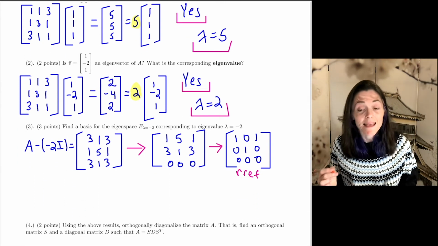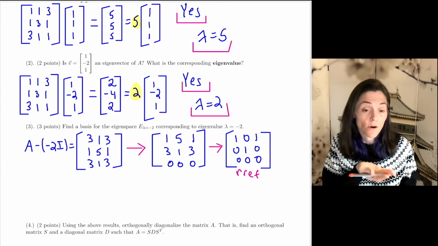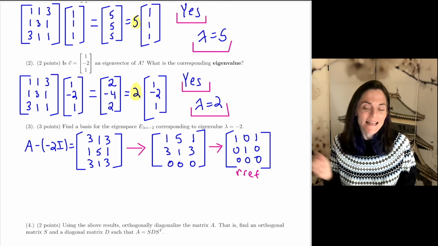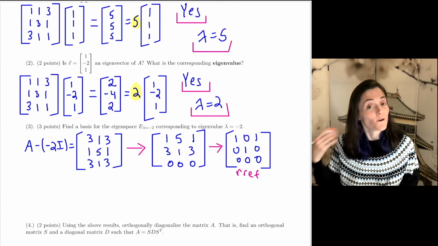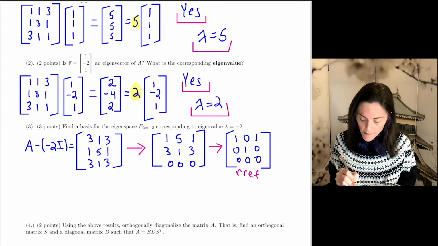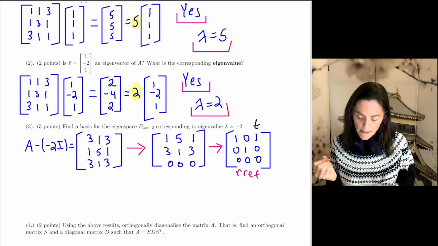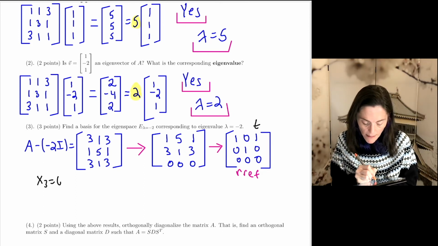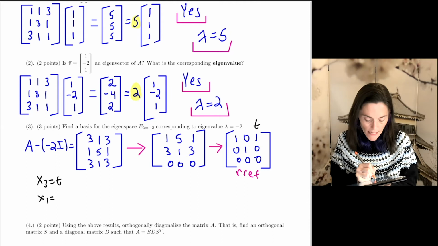Okay, so the eigenspace is just the kernel of A plus 2I. We have its reduced row echelon form, and then we know how to find bases for kernels. You see, I really only have one free variable here, t. And then let's see, if x3 is t, then x1 is negative t, and x2 is 0.